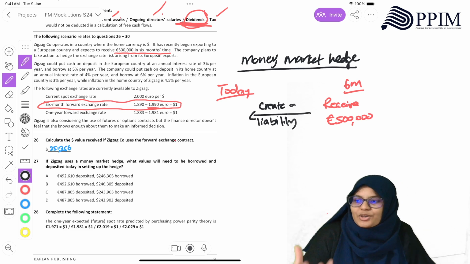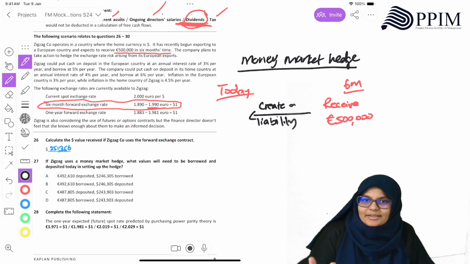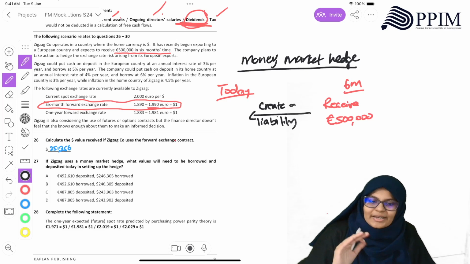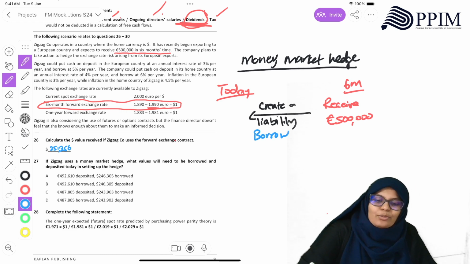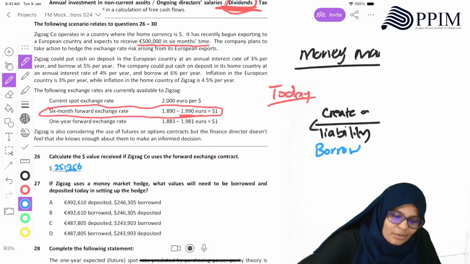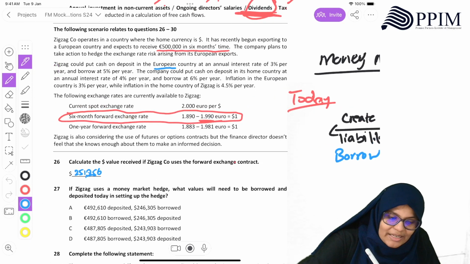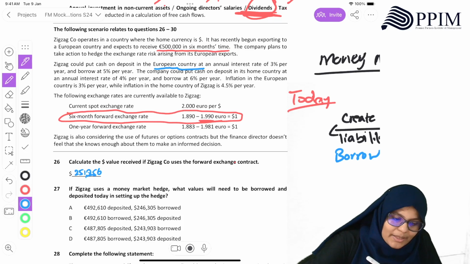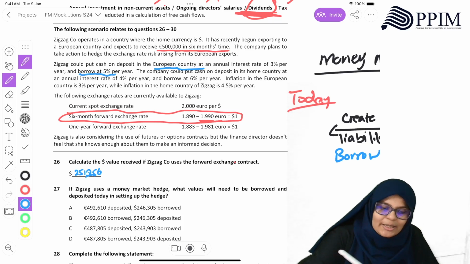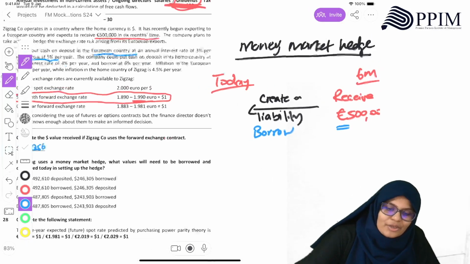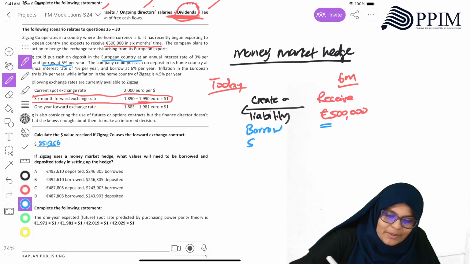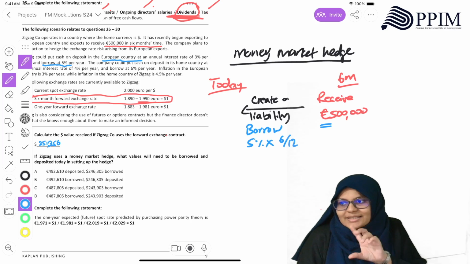Okay, you can either deposit. If you deposit, you are creating an asset, or you can borrow. When you borrow, you are creating a liability. So what I will do is I will borrow. Now I need to borrow euros. Okay, they told me that if you want to deal in the European country, annual interest rate is 3% per year and borrowing rate is 5%. Deposit is 3%, borrowing is 5% per year. So when I am doing the borrowing here for euros, I have to use the 5%, but careful, times 6/12, because it is only for 6 months.